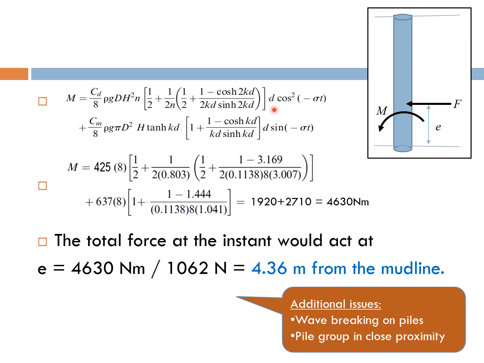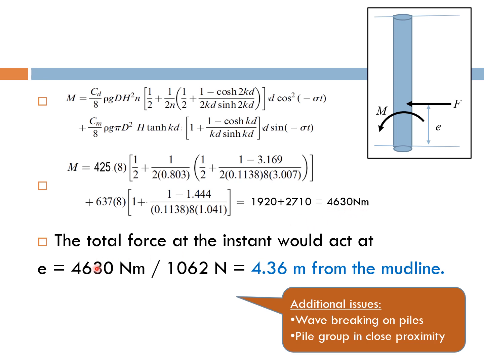We have the D here, these two D, water depth, the 8, and now the additional terms that we need to solve will be this bracket for the moment due to drag, and this bracket for the moment due to inertia. So we find out that the moment due to drag is this value, the moment due to inertia is this value, and the total moment is this value.